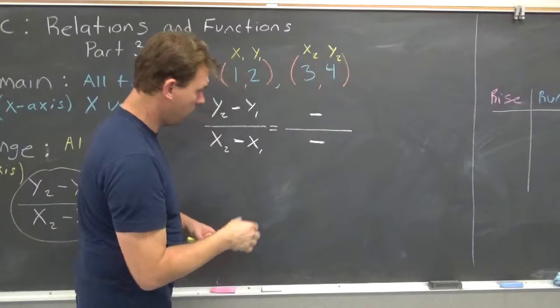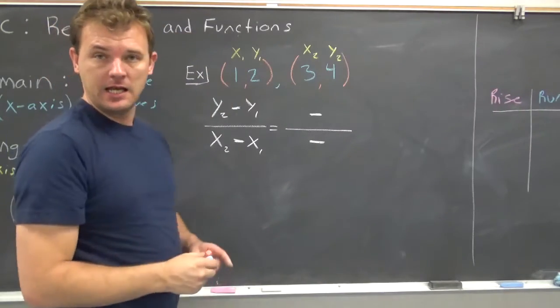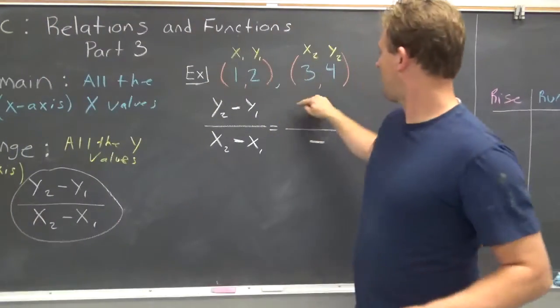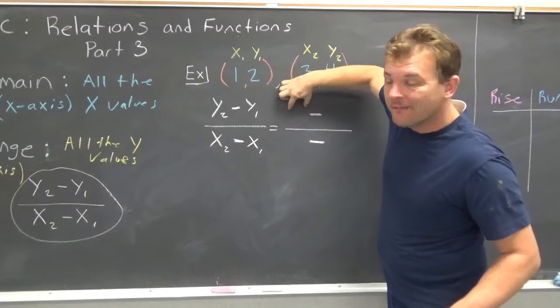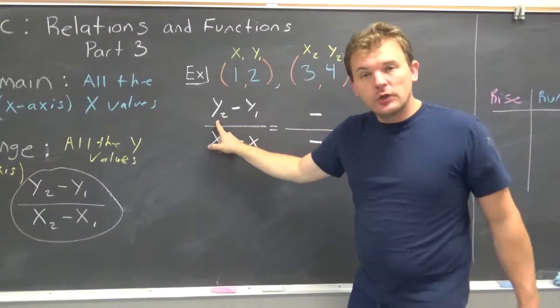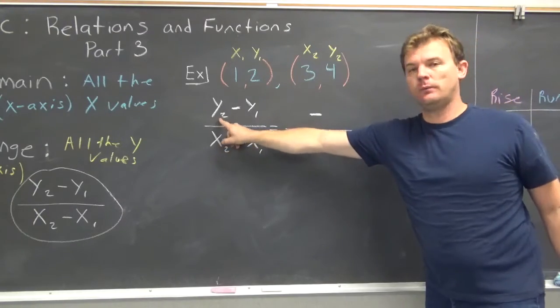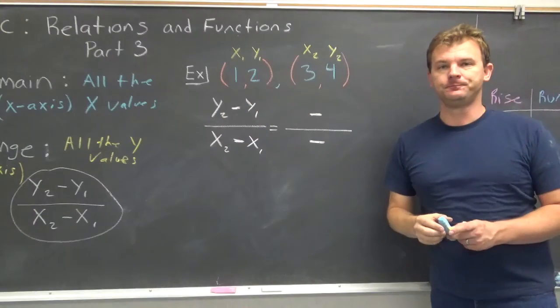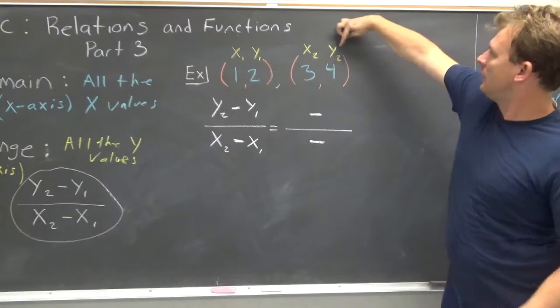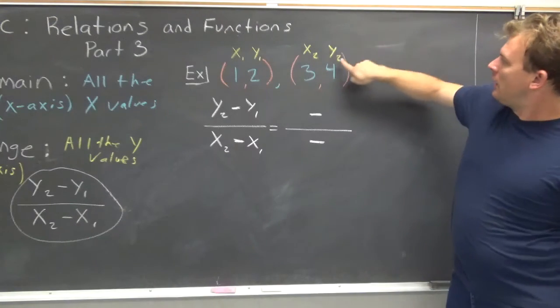Now, what are you going to put into this part right here? Well, that's the y2. Where is the y2 in these 2 points? I'm hoping that you're saying right here. Here's y2.